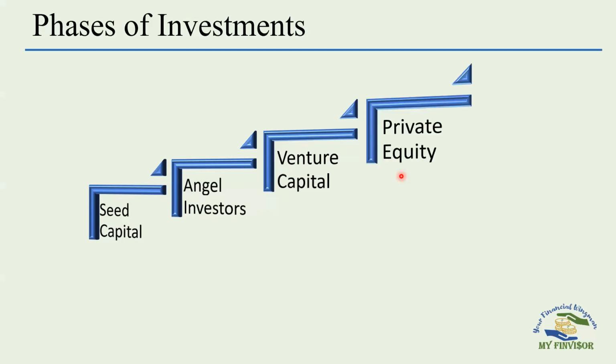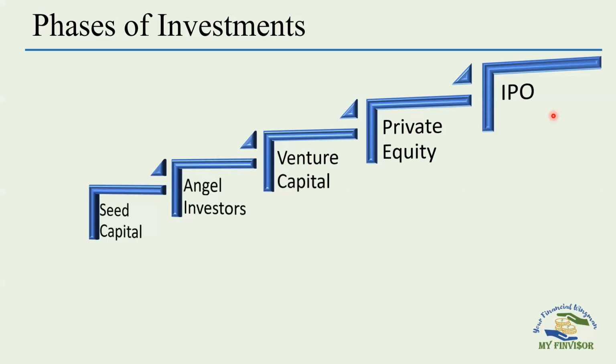And then private equity. What is private equity? The venture capitalist has come in, and the company still needs money, so then they sell their shares in private markets. That is private equity. And then the last resort of raising money, bringing in capital, is the initial public offer. In an IPO, they put their shares on the stock exchange.